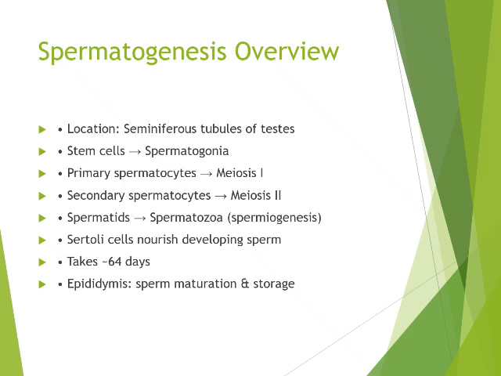Sertoli cells nourish developing sperm, and this process takes about 64 days from germ cell to spermatozoa. But there are millions and millions of sperms kept in the epididymis for maturation and storage.